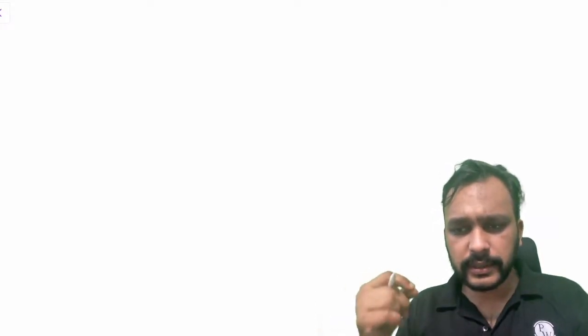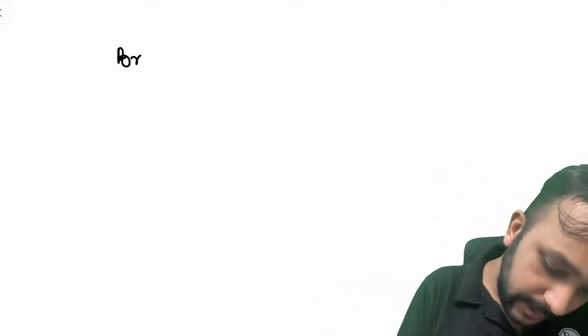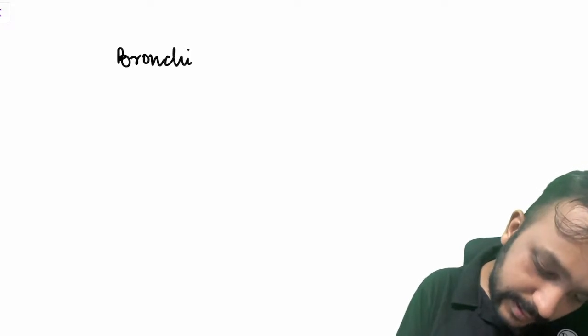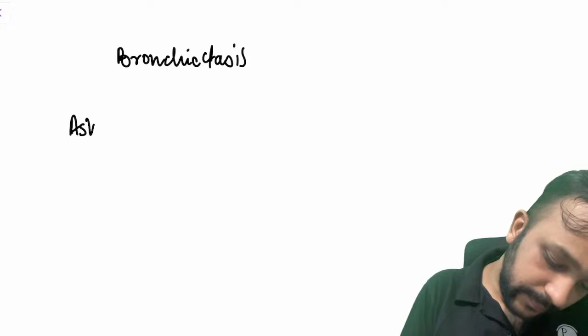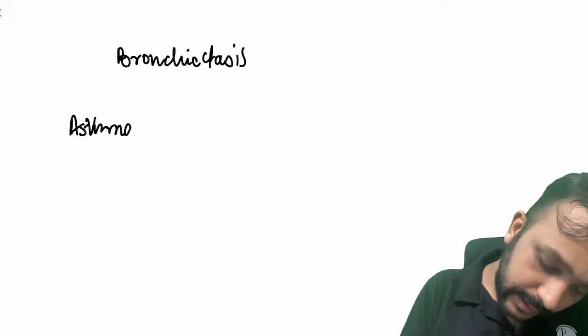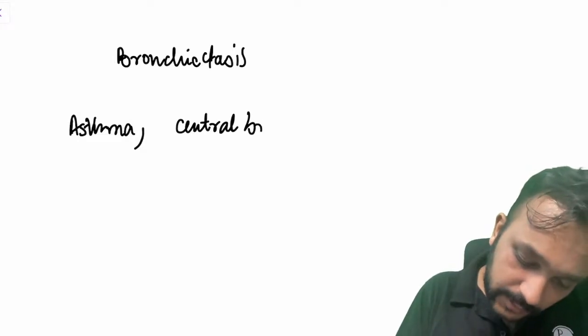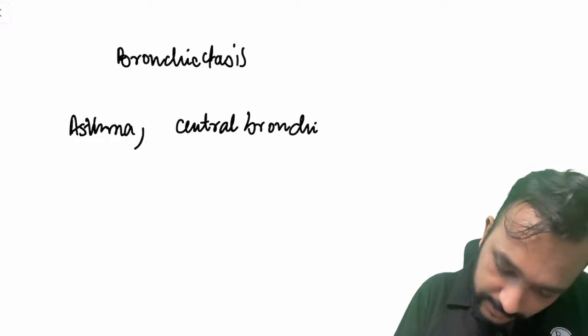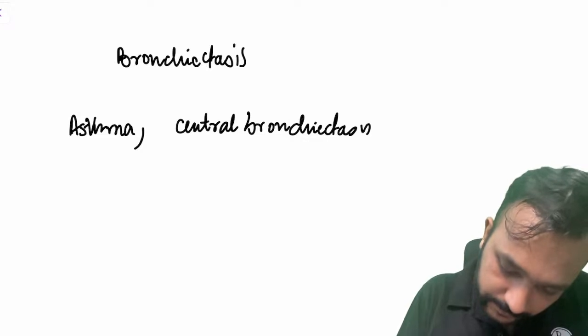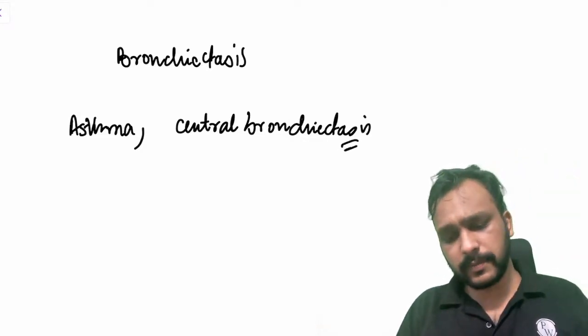So let me give you one important question related to bronchiectasis that is very frequently asked. The patient has a history of asthma, right? On CT images, you are going to see central bronchiectasis. The patient has a history of asthma.